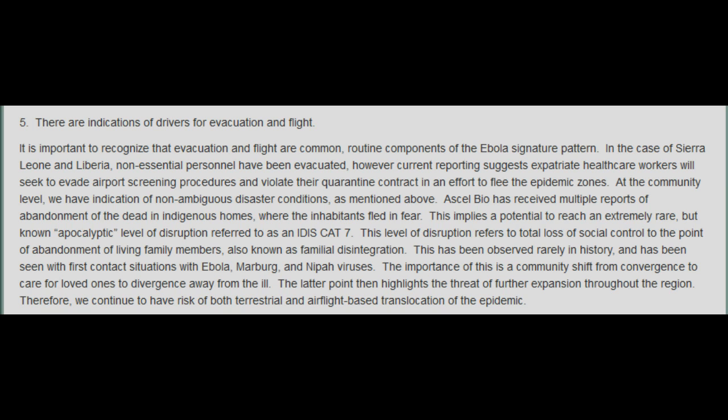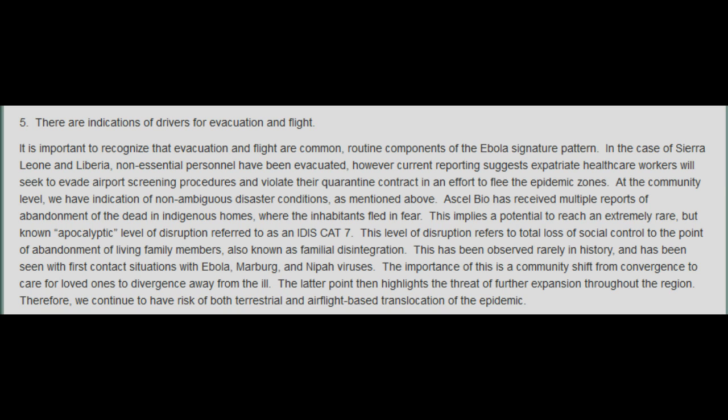This implies a potential to reach an extremely rare but known apocalyptic level of disruption referred to as an IDIS Cat 7. This level of disruption refers to a total loss of social control to the point of abandonment of living family members, also known as familial disintegration.